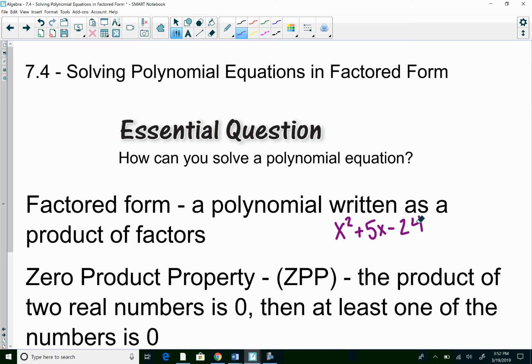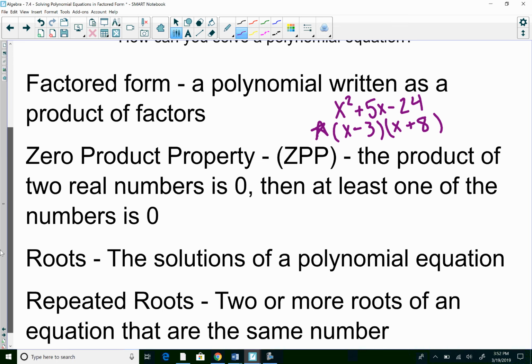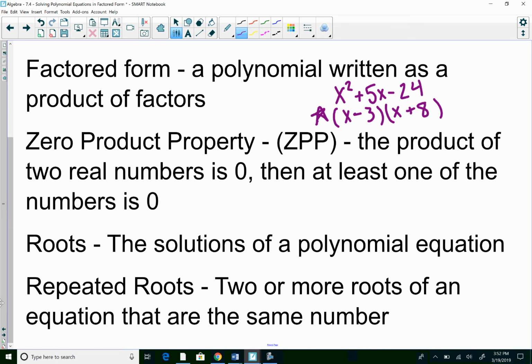The factored form of that would be x here, and then you'd have a -3 and a +8. So this is actually factored form. We're going to be dealing with that a lot the next couple of days, working backwards. We'll be given a polynomial and we're going to have to get it into factored form.